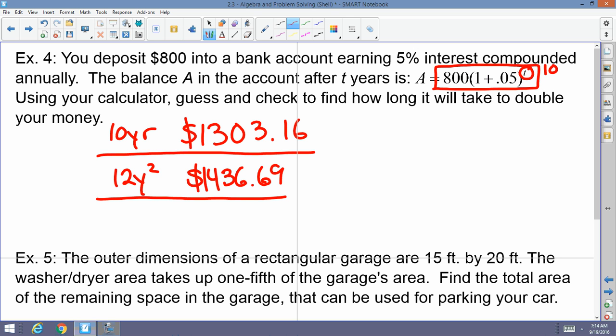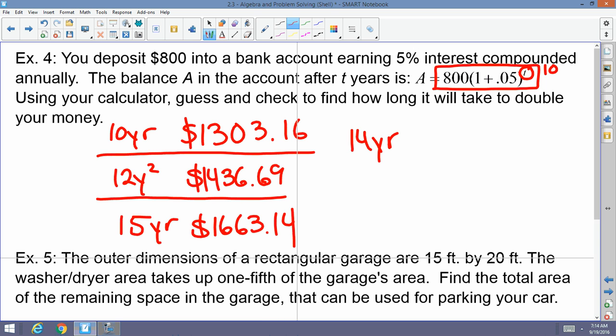Let's try 15 years. Okay, so again, we've got 800 parentheses, 1 plus 0.05, close parentheses, raised to the 15th power, and that's going to equal, oh, there you go, 1663.14. Let's see what 14 years is.